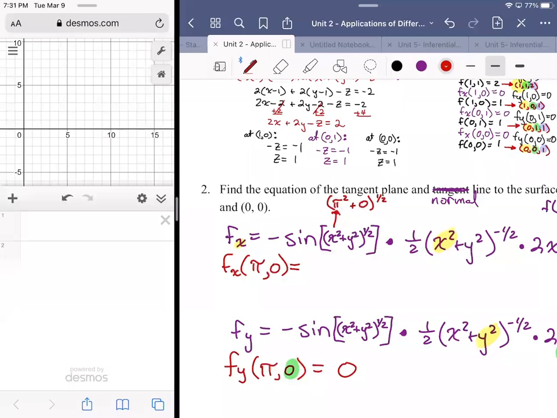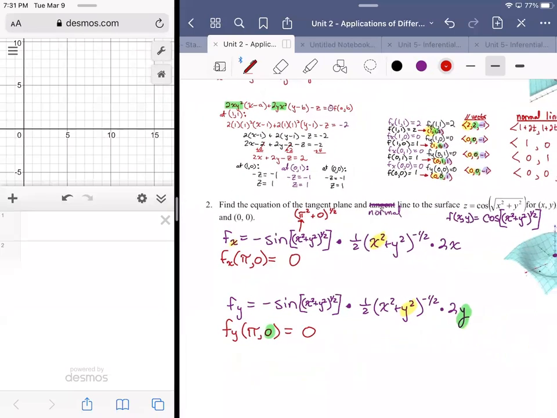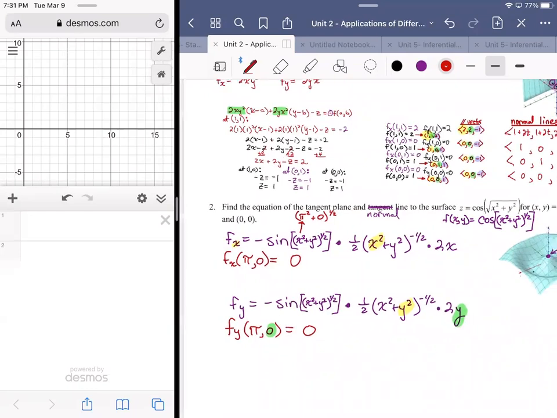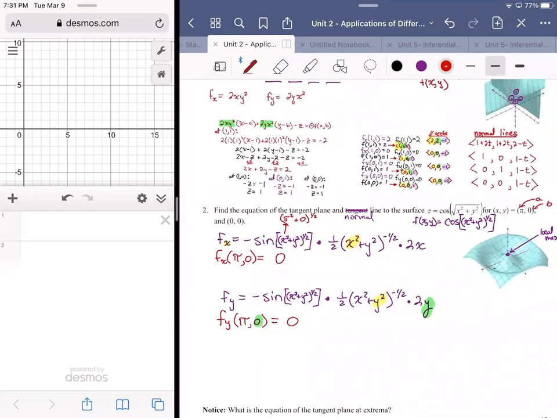So one way or the other, both of these zero out, which is great. Then I can look at it for 0, 0 as well. So f sub x at 0, 0. In this case, x is 0. The y is also 0, but x is 0. So we can say the whole thing's going to zero out. But now we have to be careful about this piece.